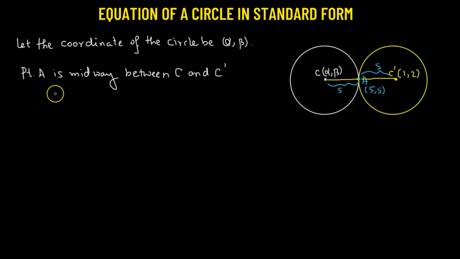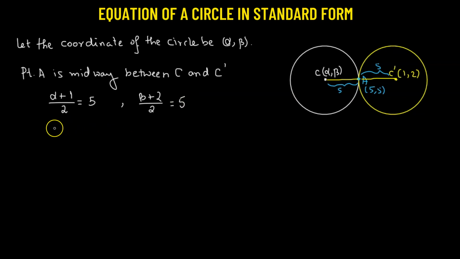That means we can say that (alpha plus 1) divided by 2 will be exactly equal to the x coordinate of the midpoint, which is 5. Then we can add the y coordinate, which is (beta plus 2) divided by 2, and that's going to be equal to the y coordinate of the midpoint, which is 5.